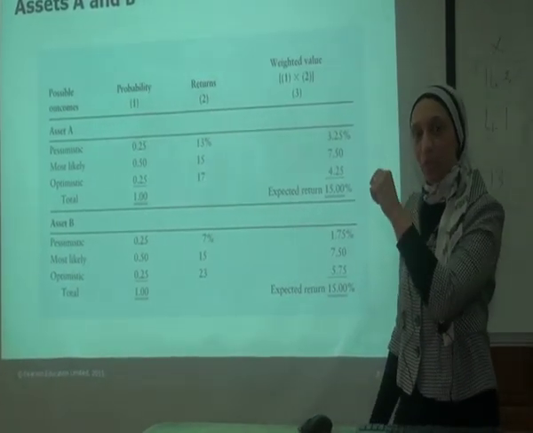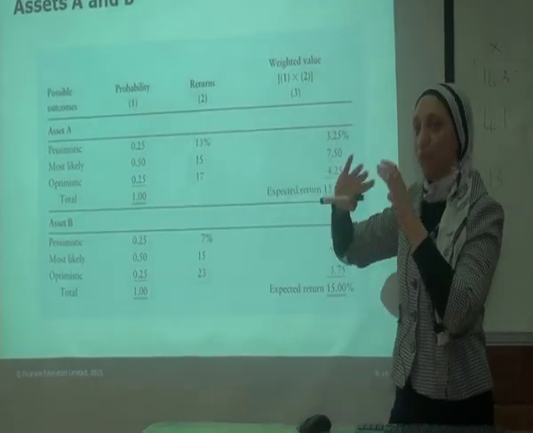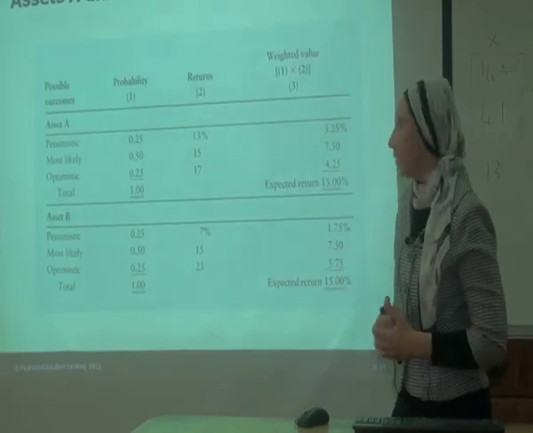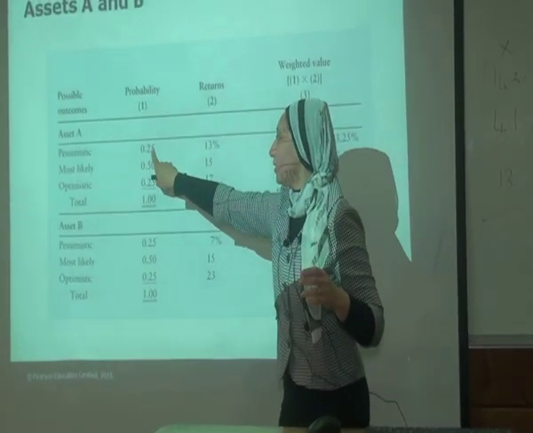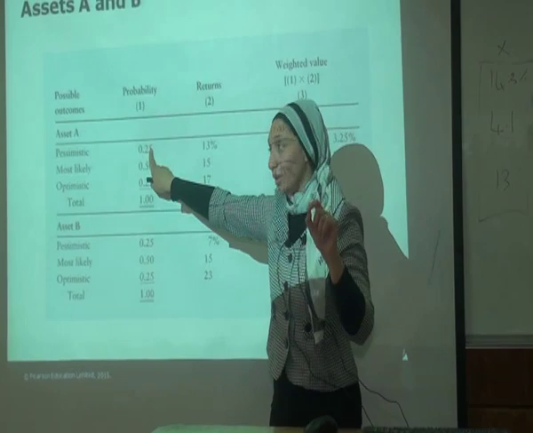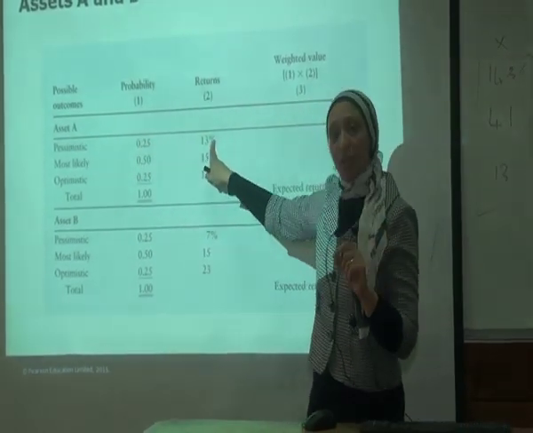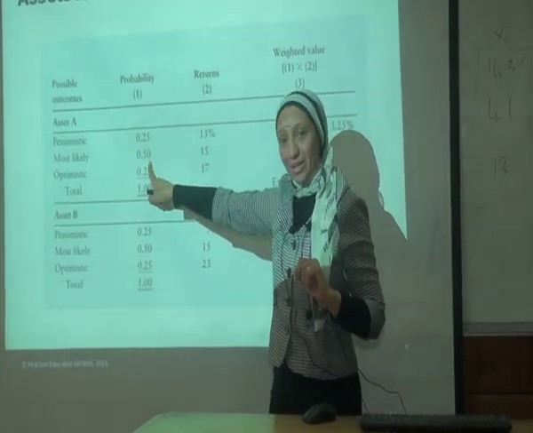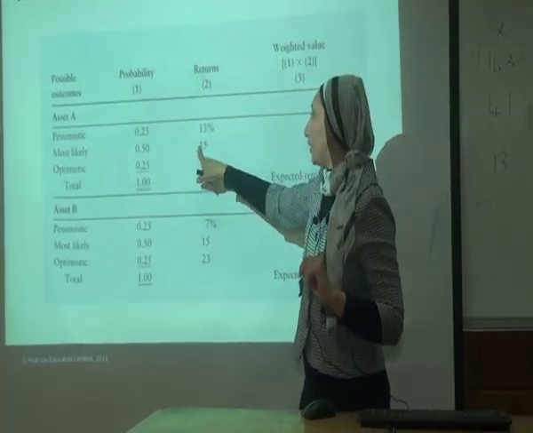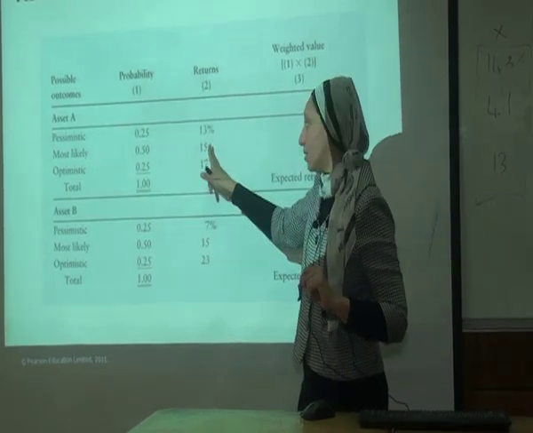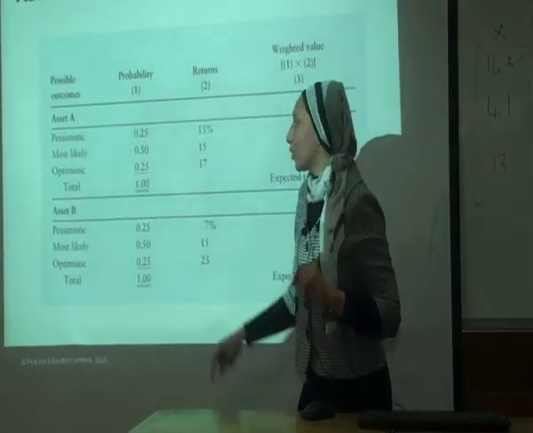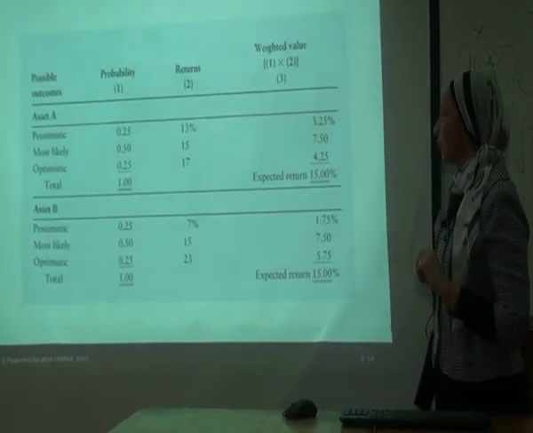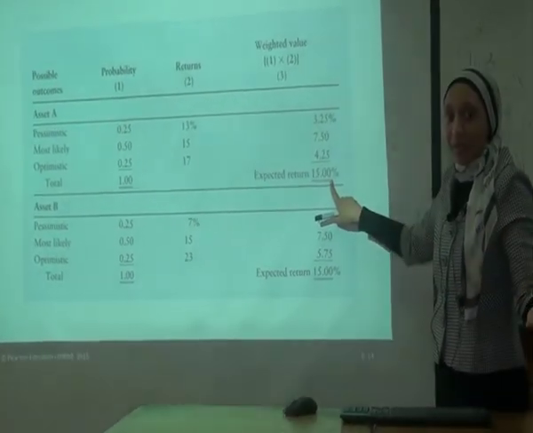Okay, how to calculate the average return for this stock that has different possibilities or different scenarios? It's very simple. You need to multiply the probability of occurrence in the first case by the return of the first case, plus the probability of occurrence for the second case multiplied by the return of the second case, plus the probability of occurrence for the third case multiplied by the return of the third case, and you will get the summation, and that's it.